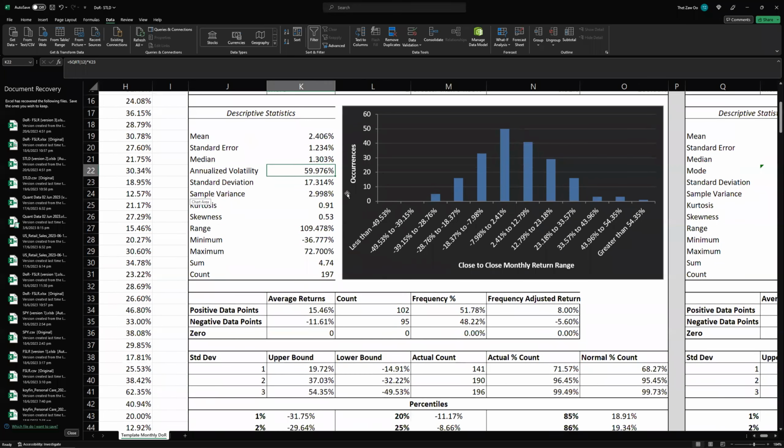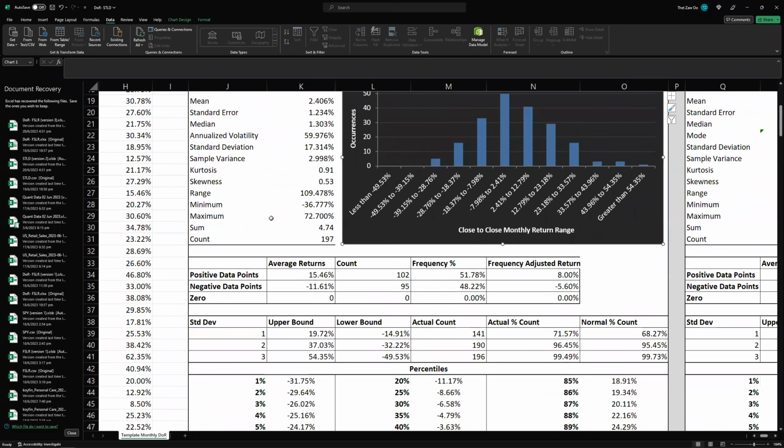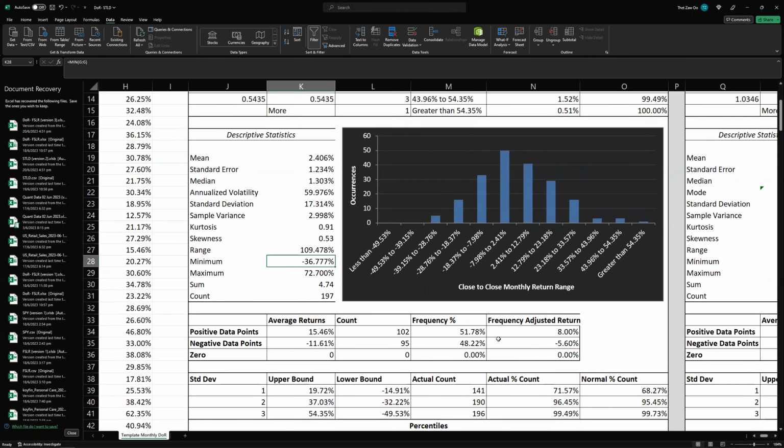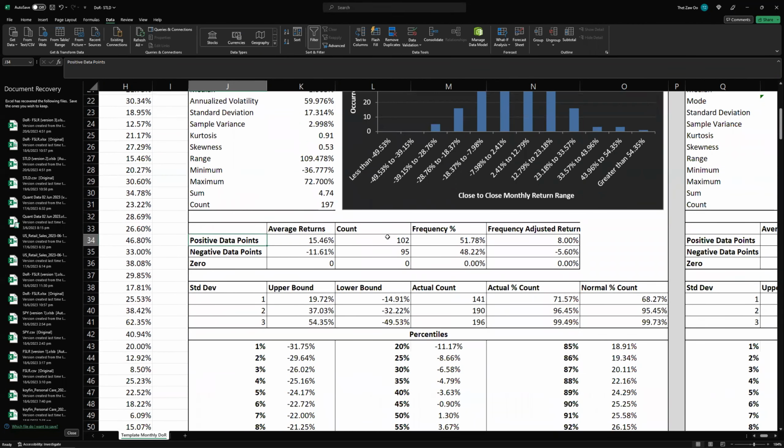And for First Solar, you can also see the maximum is 72%, meaning that there was 1 month that it went up like 72%. Minimum is minus 36%, meaning the maximum loss it ever occurred for a month is negative 36%. And you can see the positive data points: there are 102 positive data points and 95 negative data points.